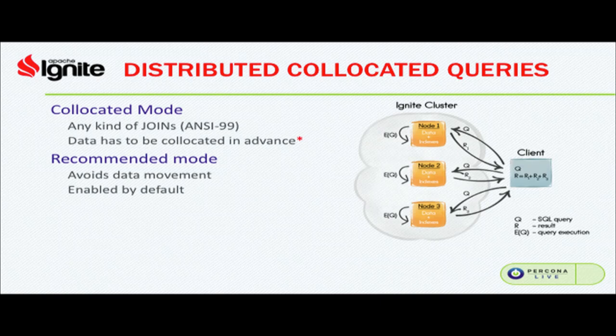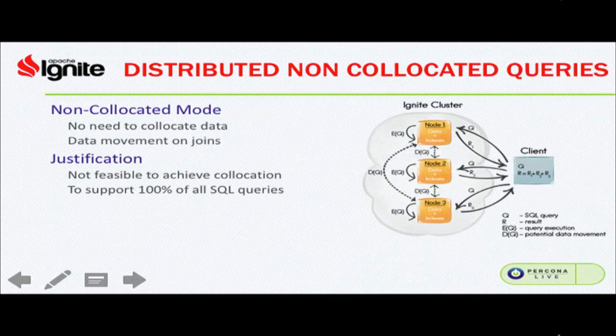and you get back your result set. But at the same time, we do know that it's not feasible to collocate all the data. You might have extremely complex queries with multiple joins. And for this scenario, you can enable so-called non-collocated joins, and the execution flow will look this way.